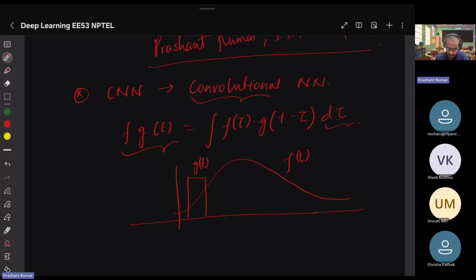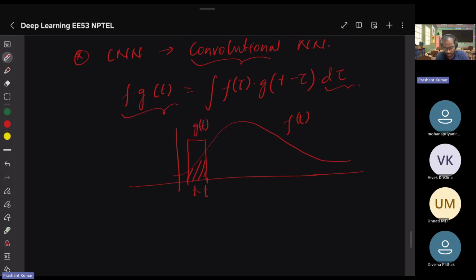When we do the integration of two functions, we are trying to find out the overlapping area. So at t equal to t, at this point, this is the area, that is f convolved with g of t.